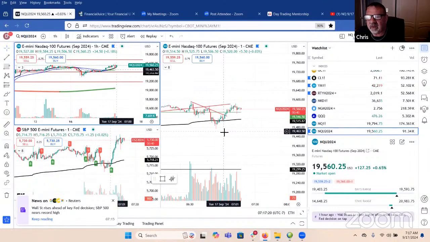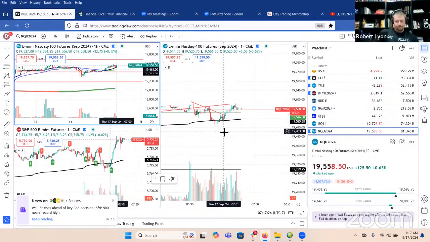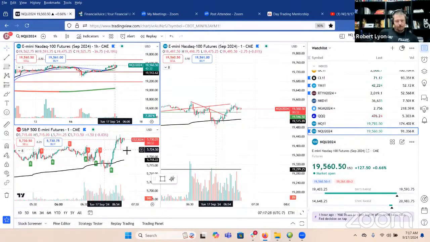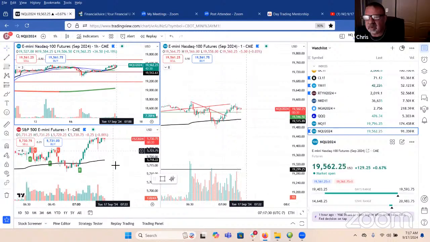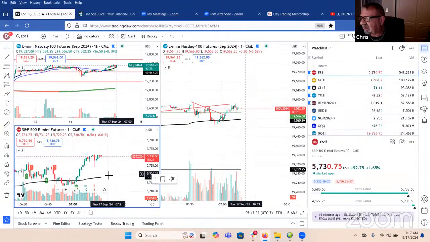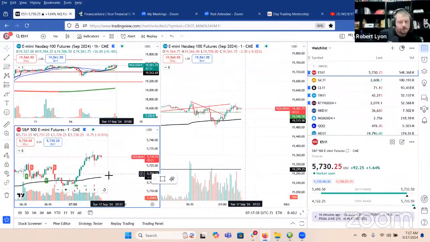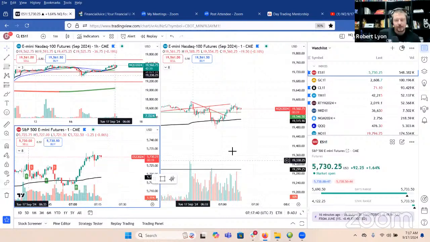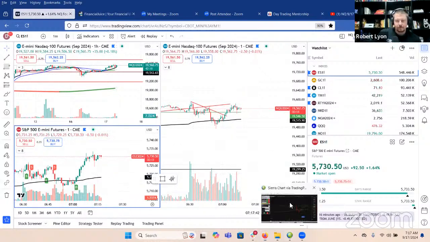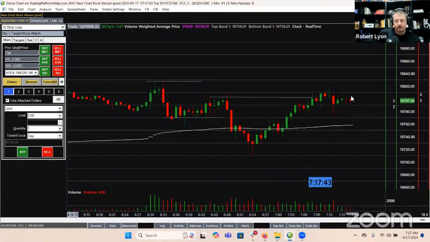You use the term A plus trades. Do you have a definition for what an A plus setup looks like? Well, I like wick tests. I like breakouts. A wick test would be, we got this one red candle right here.